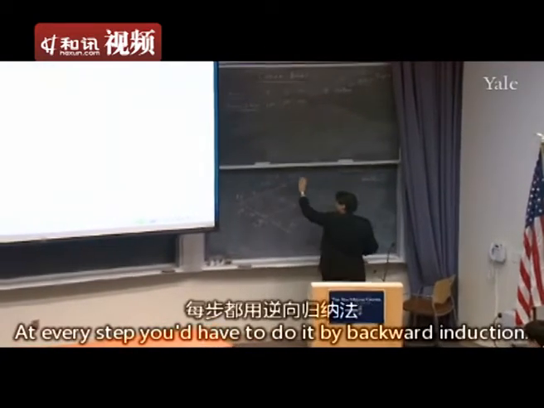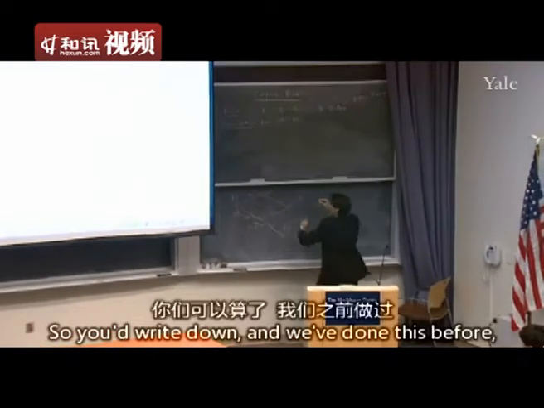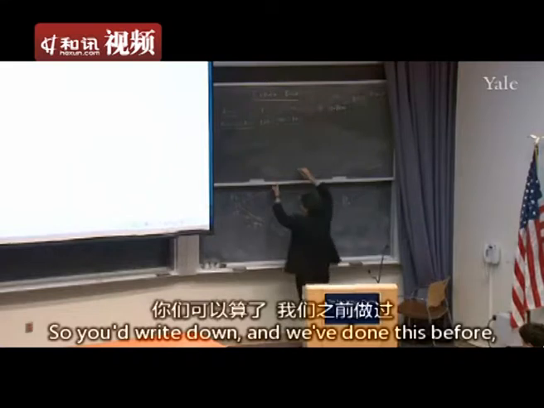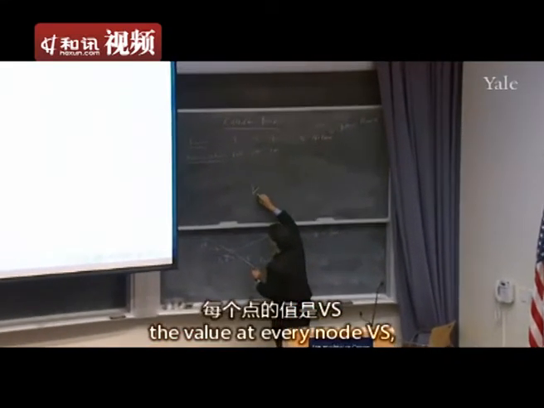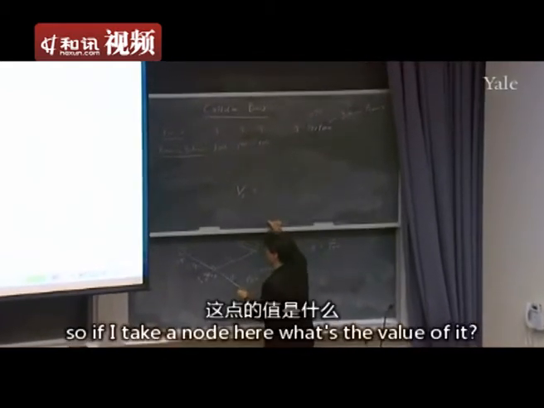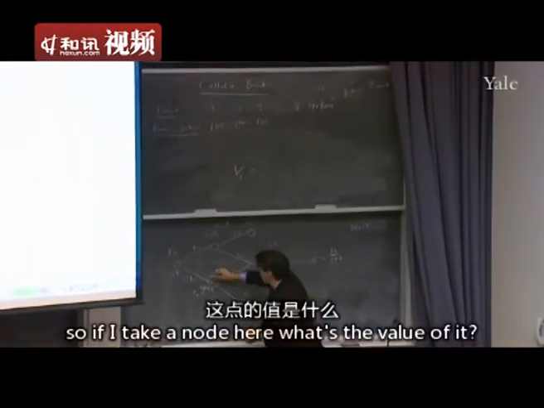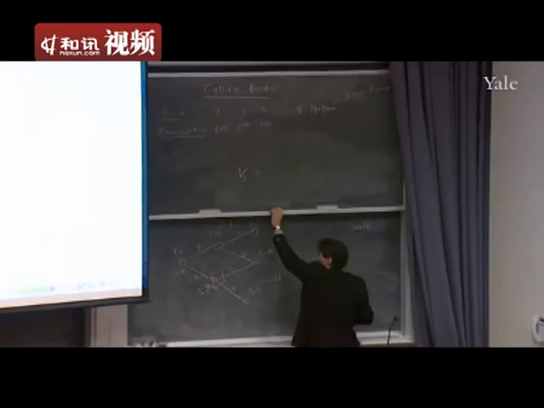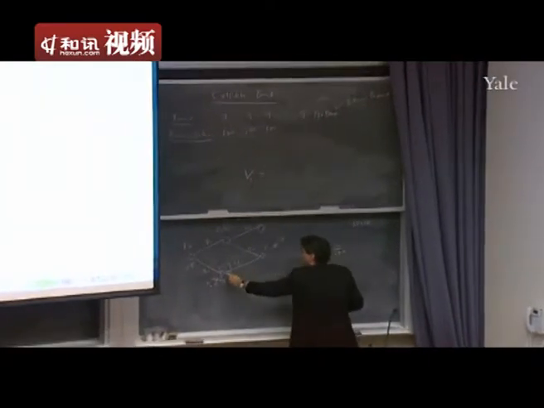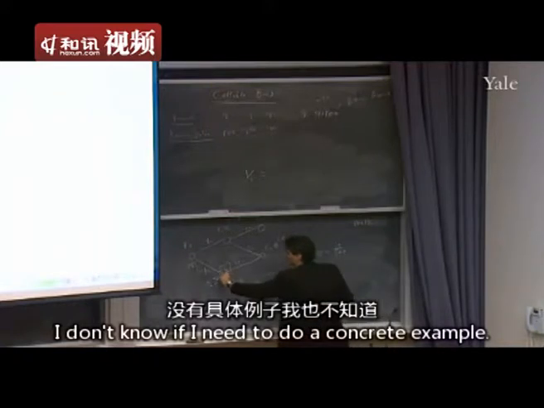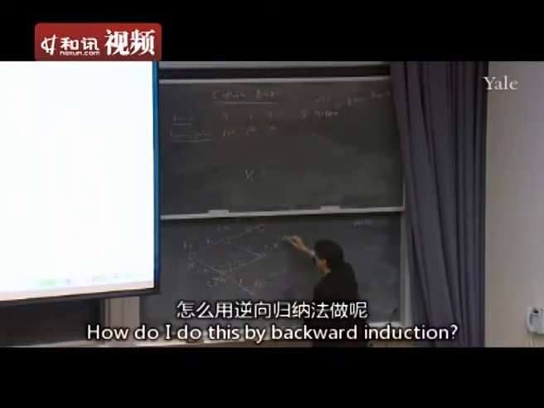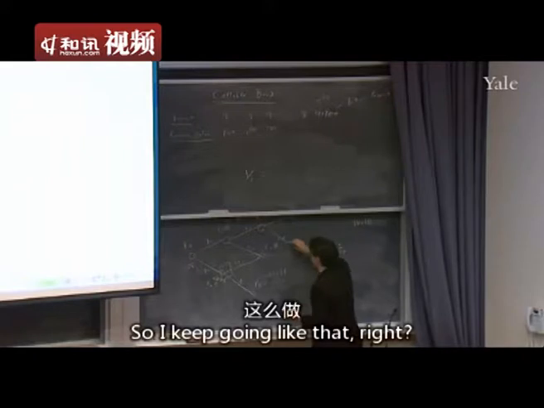At every step, you'd have to do it by backward induction. So you'd write down, and we've done this before, the value at every node, V. Okay, so if I take a node here, what's the value of it? I don't know if I need to do a concrete example. How do I do this by backward induction? So I keep going like that.